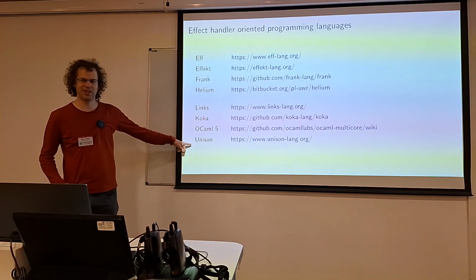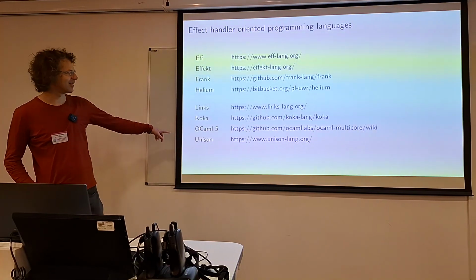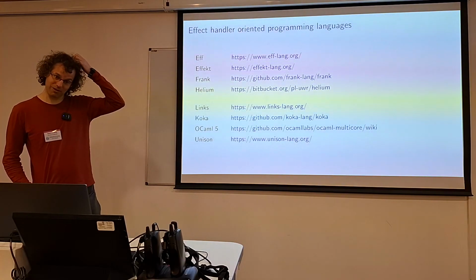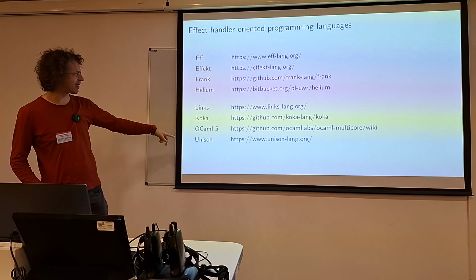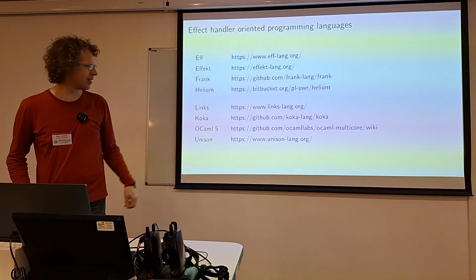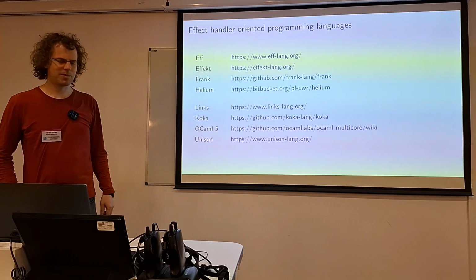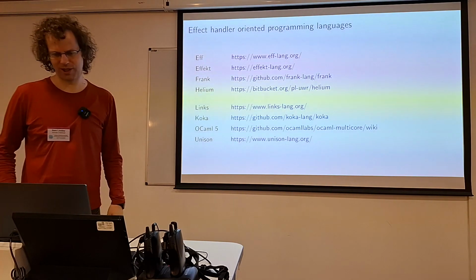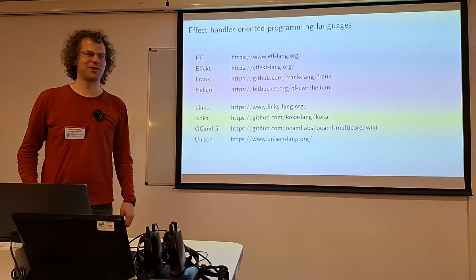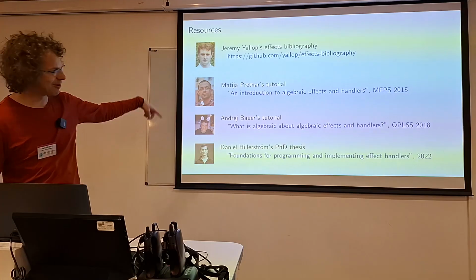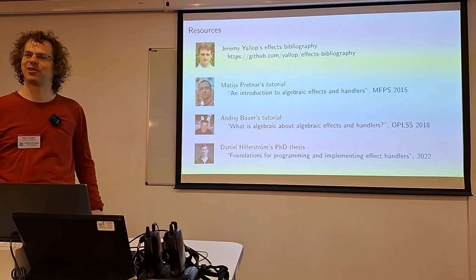Unison is a sort of intriguing language. It's not specifically built around effect handlers, but they added effect handlers based on Frank. And it's not developed by academics. It's a more sort of industrially oriented language with a focus on distribution. And I had this list of resources which I'm showing again.